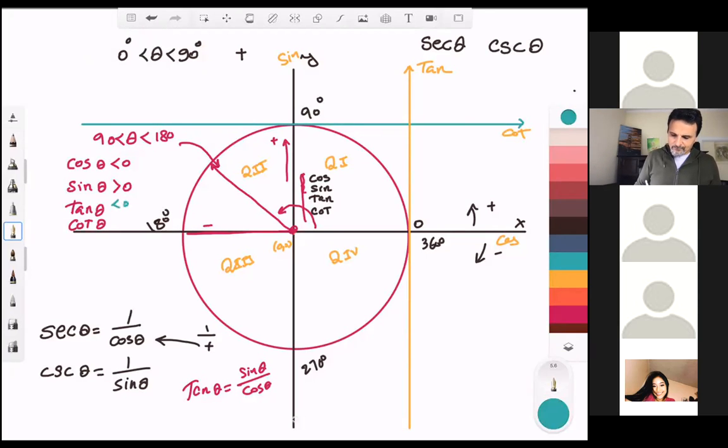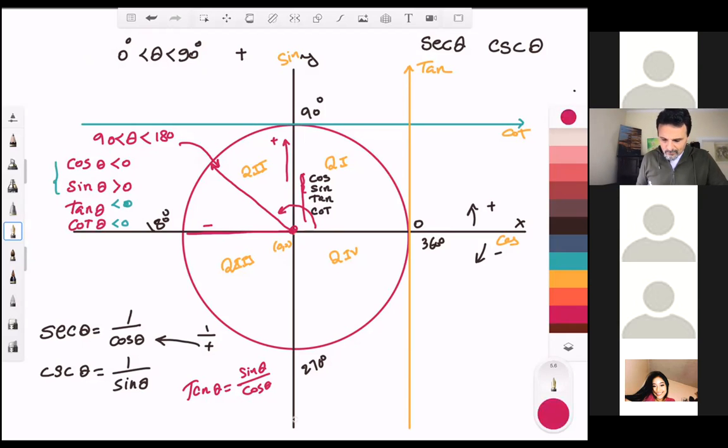This is negative, that's negative. Why is it negative? If we let the tangent go this way, this is negative. If we let it go that way, that's negative. Or algebraically, tangent and cotangent are coming from sine and cosine, right? So positive divided by negative or negative divided by positive will be negative.